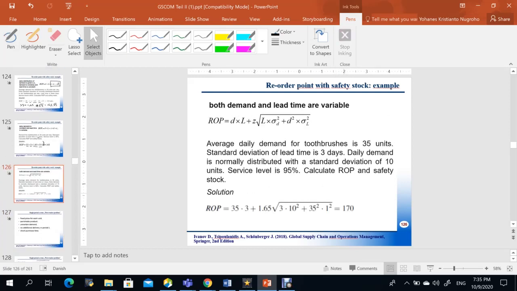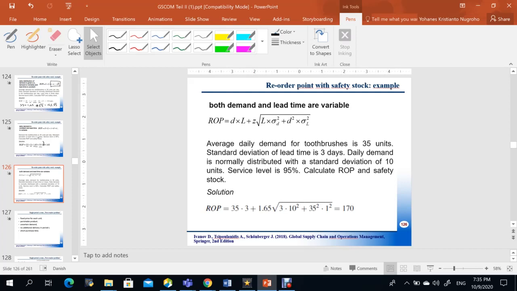Now the last example. Both demand and lead time are variable. It is a more complex formula, but it can still be calculated by using a calculator or Microsoft Excel. Average daily demand for toothbrushes is 35 units.